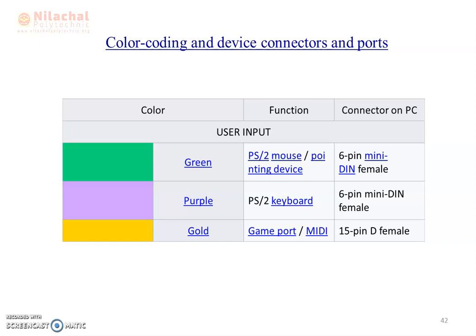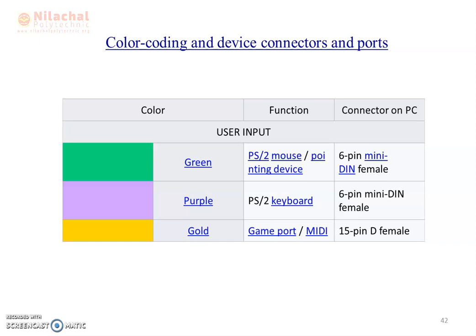The first one is the green color port, whose function is to connect a mouse or pointing device. We use PS2 connectors for the mouse connections. It is a 6-pin mini DIN female connector.